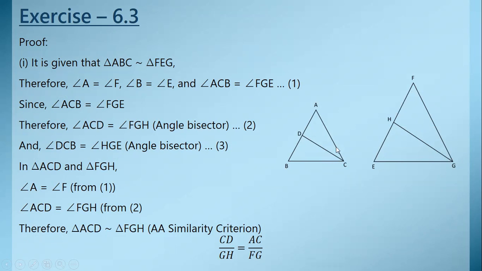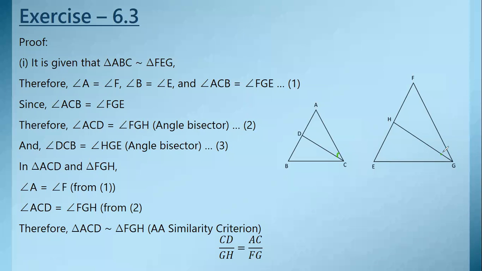Now, since ACB is equal to FGE, their angle bisectors will also be equal. Angle bisector means cutting the angle into half. So if the angles as a whole are equal, half the angles are going to be equal. So we can say that ACD and FGH are equal and DCB and HGE, that is the half part of those two, are also equal.